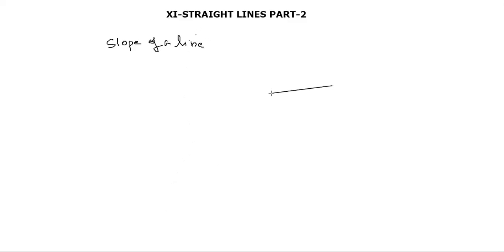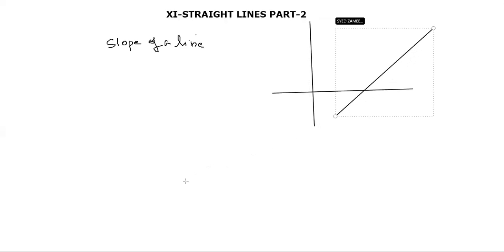Suppose this is the x-axis and y-axis, and there is a line which is making an angle of theta with the positive direction of the x-axis.